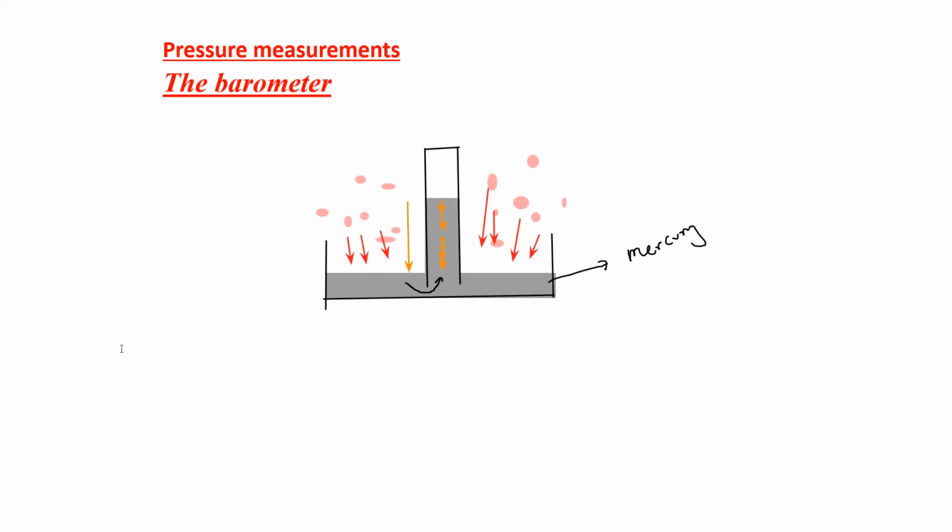So once the mercury stops rising, we can say the pressure of air or atmosphere is equal to the pressure of mercury or liquid in the tube.